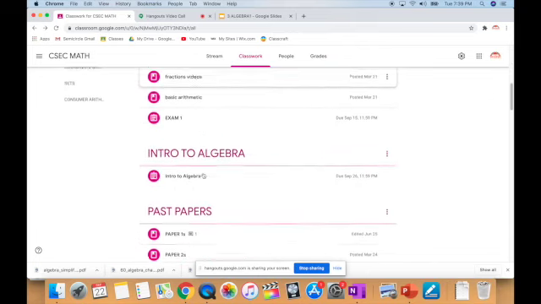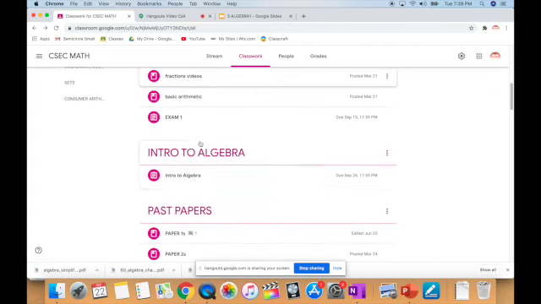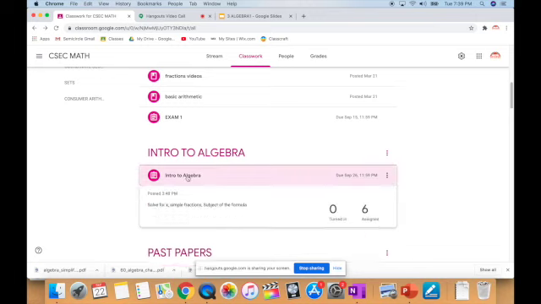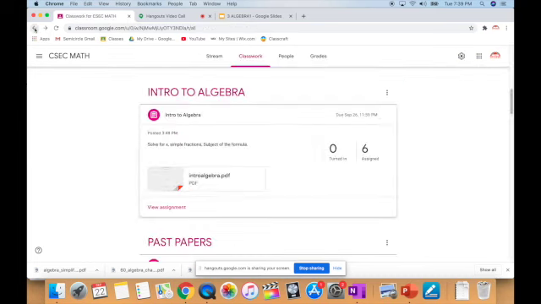So that is good. Right after number theory, we have the introduction to algebra. This introduction to algebra here is what the assignment you guys are going to be doing.